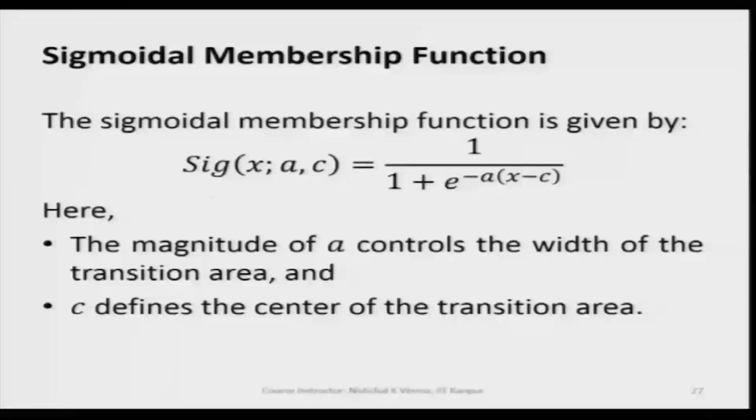The sigmoidal membership function is given by sig(x; a, c), which is equal to 1 over 1 plus e raised to power minus a times (x minus c).